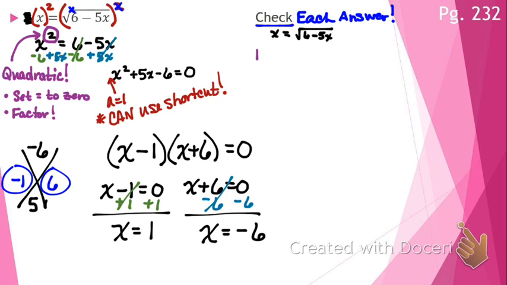So I'm going to have 1 equals the square root of 6 minus 5 times 1. We are not allowed to cross that equal sign there. So over here, don't touch this.